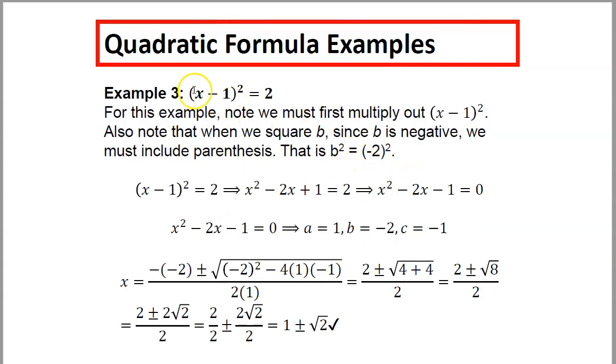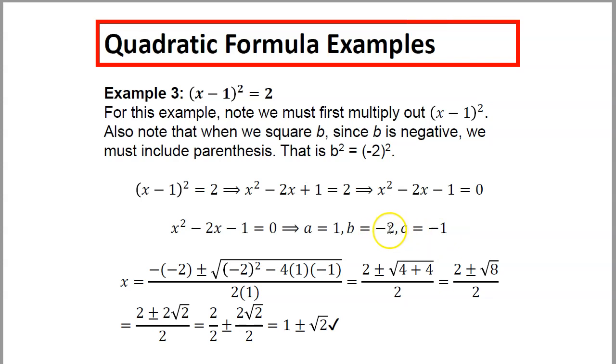Our third example was quantity x minus 1 squared equals 2. First we must multiply that out, and we have x squared minus 2x plus 1 equals 2. When everything is set equal to 0, that's x squared minus 2x minus 1 equals 0. So a is 1, b is minus 2, and c is negative 1.